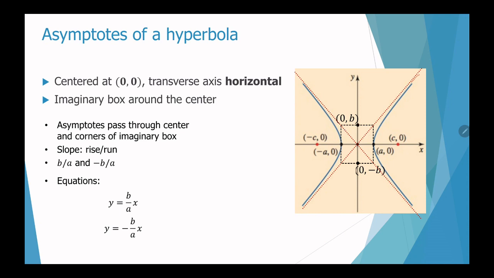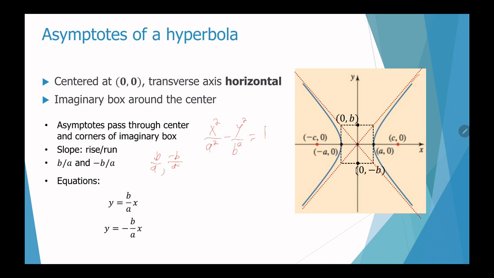And what I think is kind of cool, I don't know, you guys may or may not. So b, remember the equation. The equation is x squared over a squared minus y squared over b squared is equal to 1. So a and b are your slopes. So b over a is one of them, and then the other one is negative b over a.